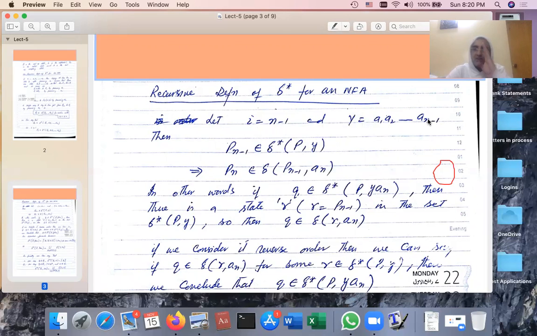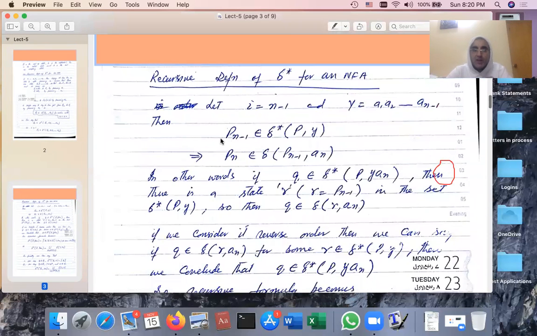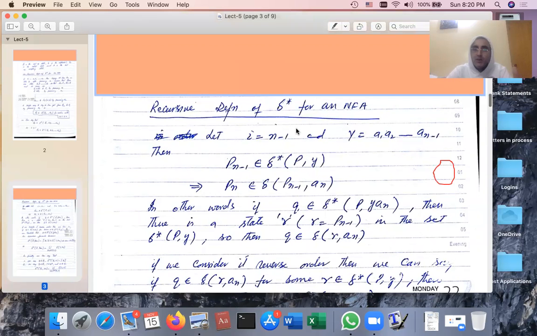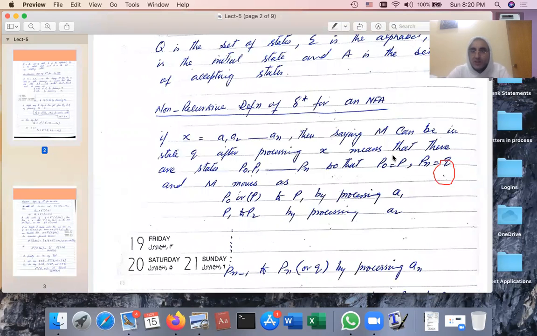Our string is one step behind. Then from our previous discussion, from our previous equation, we can write Pn minus 1 belongs to delta star, which means multiple transitions. And this is P0, which is P. We have said that our P0 is P here.